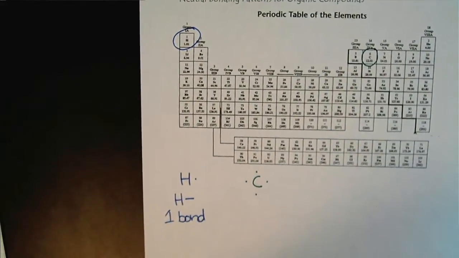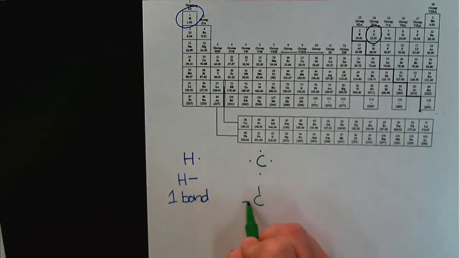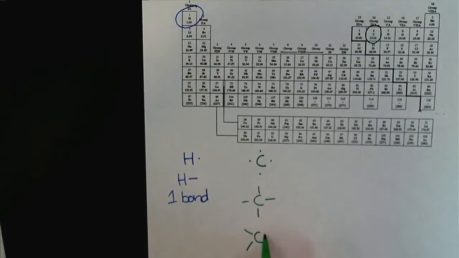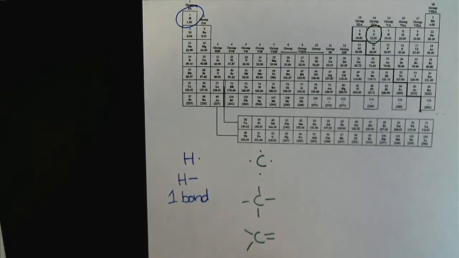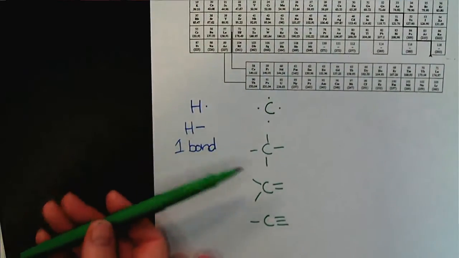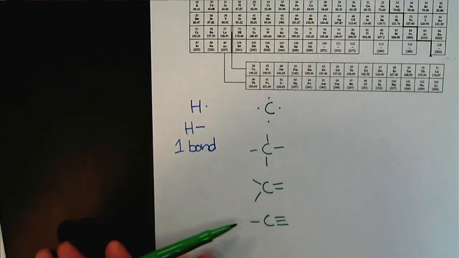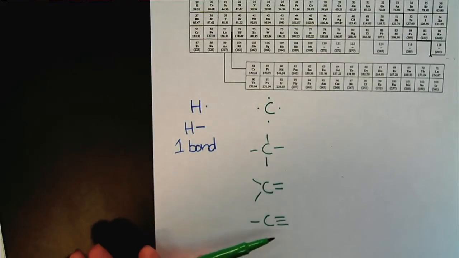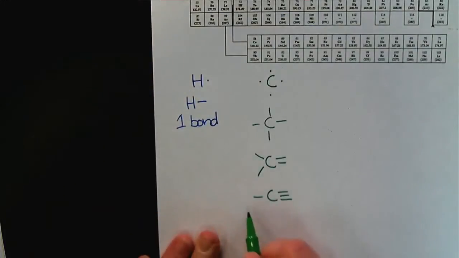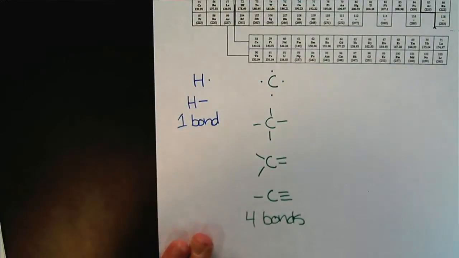So when carbon forms compounds, it always wants to form 4 bonds. Of course, carbon doesn't care how it gets those 4 bonds. Carbon doesn't care if it has 4 single bonds, 2 single bonds and a double bond, or a single bond and a triple bond. All carbon cares about is that it always has 4 bonds.